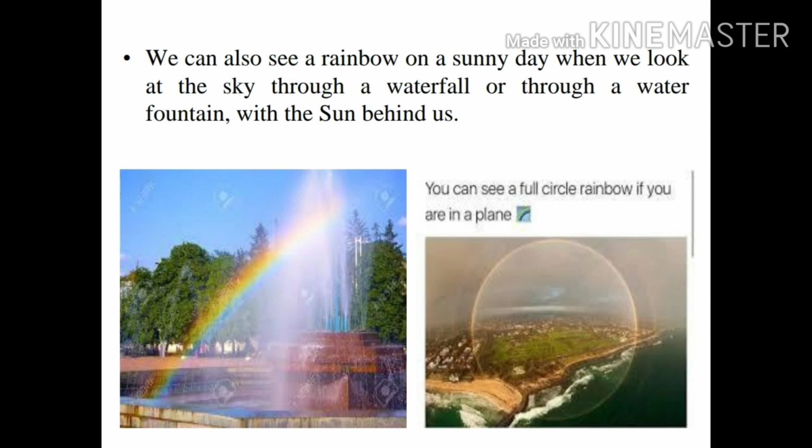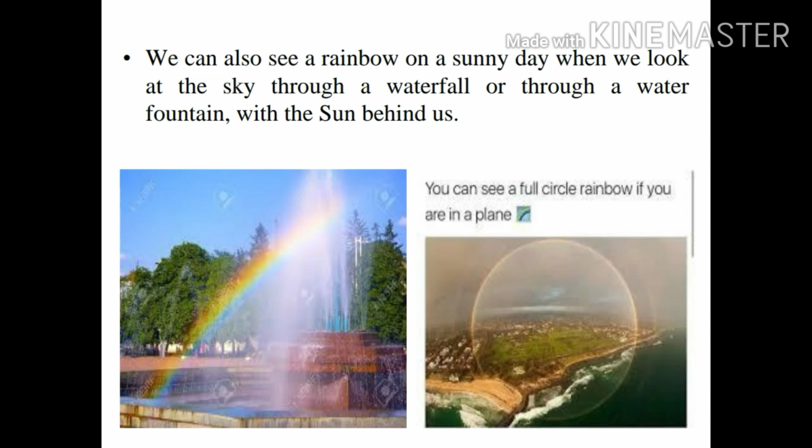One more thing, if there is a question in the exam about the shape of a rainbow: actually a rainbow is of circular shape. As we can see in this figure, the rainbow is circular, but we see it in the form of an arc because we can see only a part of it, as we are observing the raindrops which are above us.